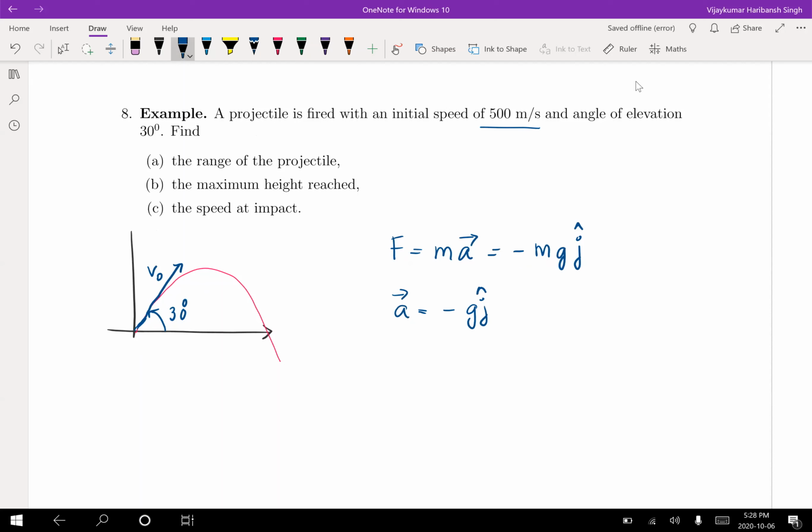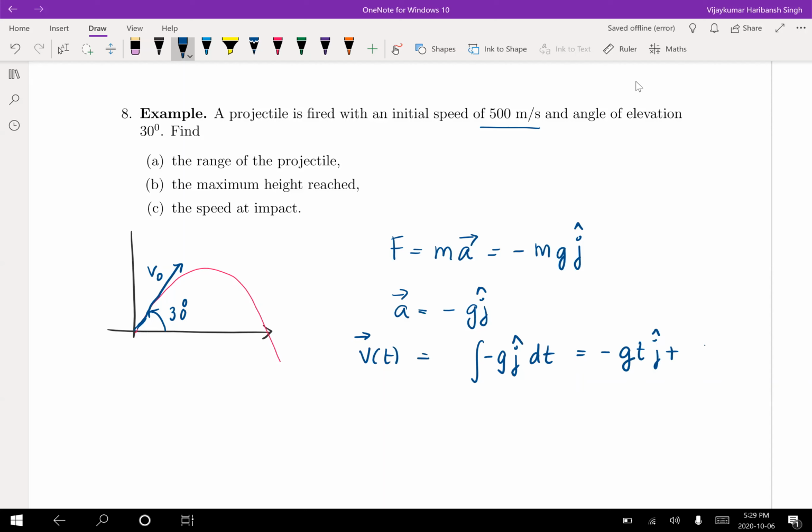So what is my velocity from there? I get my velocity v of t is integration of this guy, which is integration of minus gj dt, and that is going to be minus g t j plus a constant.